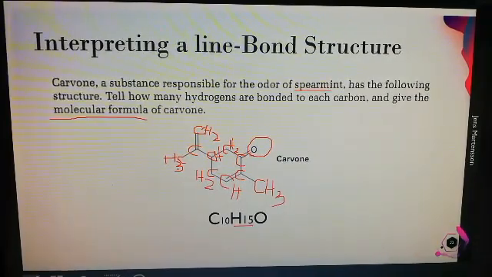Let's count. 3 plus 2 is 5. We have 1 here, 6, 8, 10. Okay, 10, 13. Oh, mali. Dapat pala, this is 14, not 15. Okay, and then 1 O. 1 oxygen.